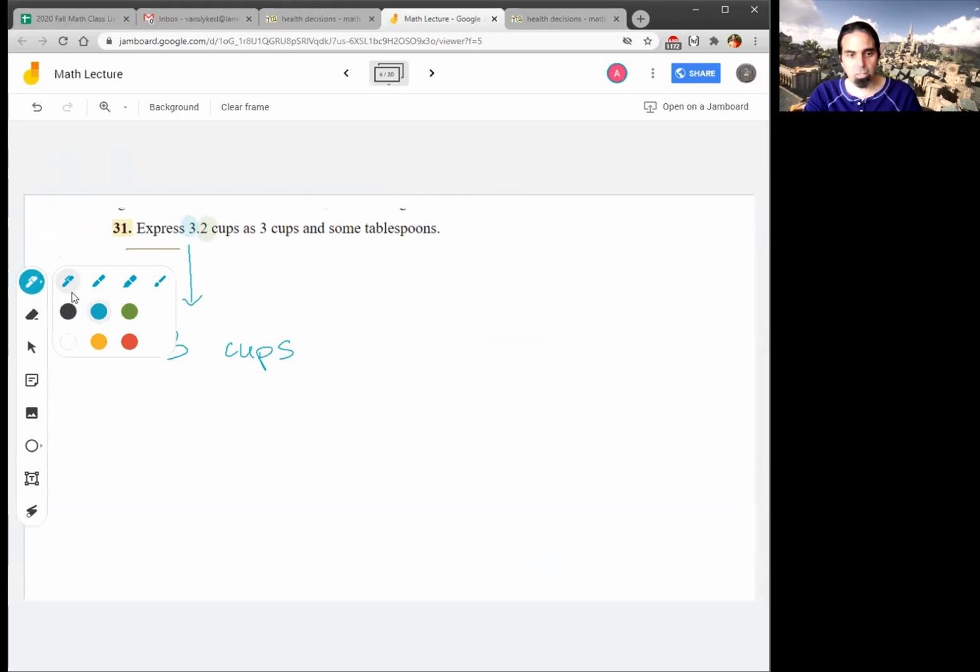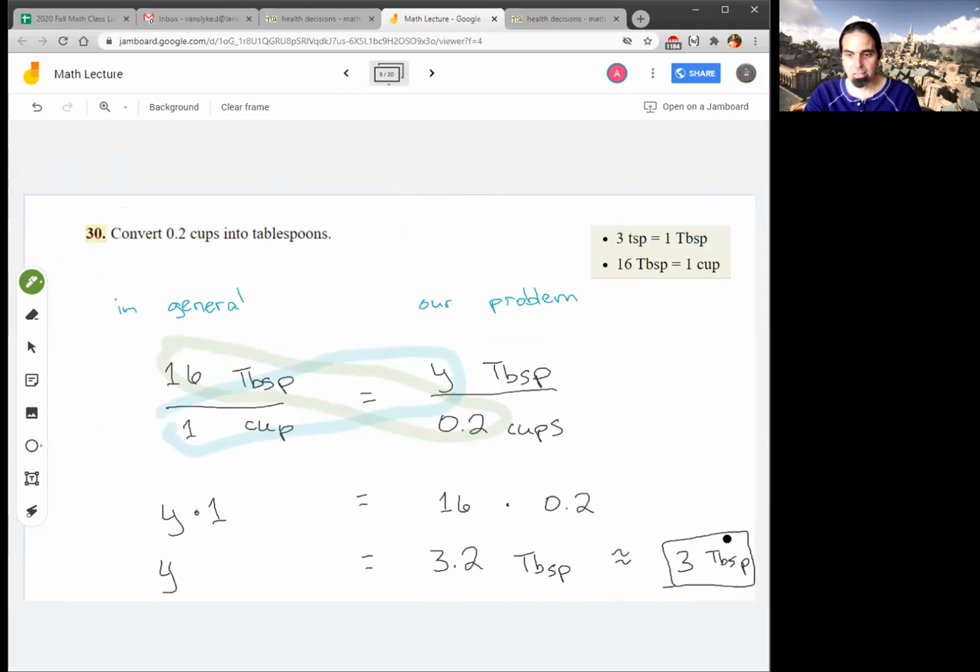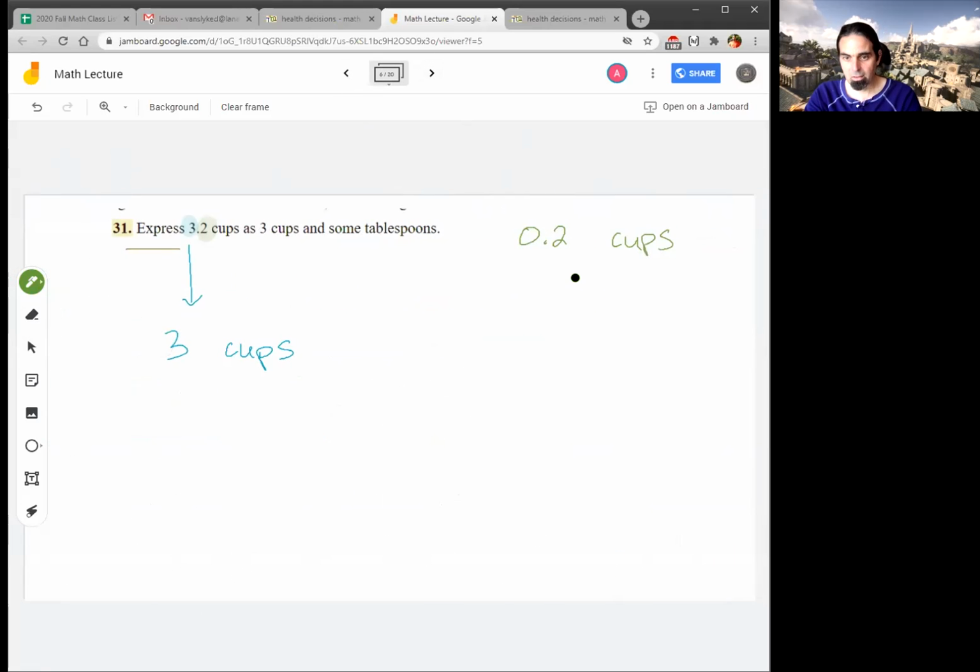And then the 0.2 cups, we do what we just did, right? 0.2 cups is 3 tablespoons.